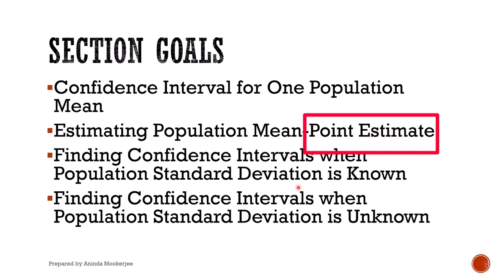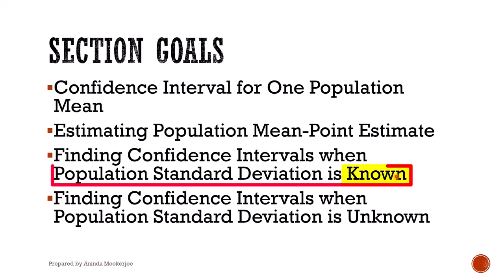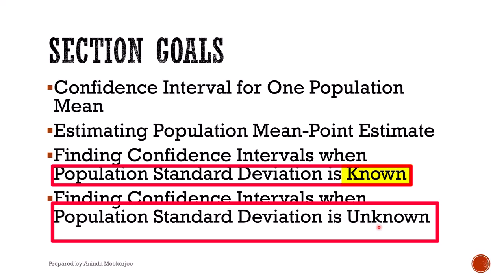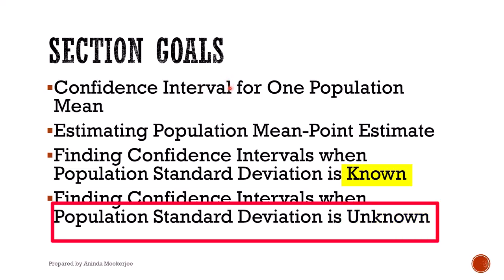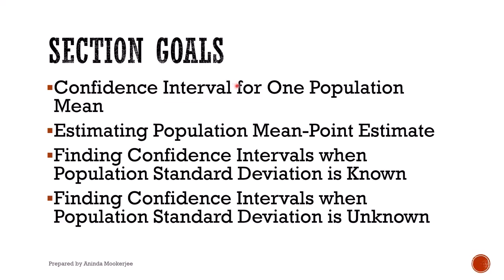And then there are two ways of finding confidence intervals. One process is when the population standard deviation is known, and the other one is when the population standard deviation is unknown. So we are going to go through these topics one by one, starting with explaining what confidence interval is, the meaning, and what it implies as far as statistics is concerned.